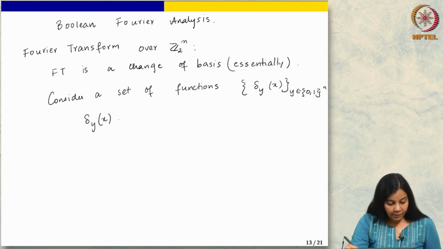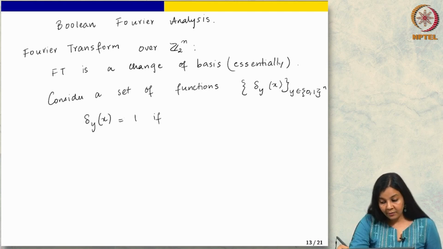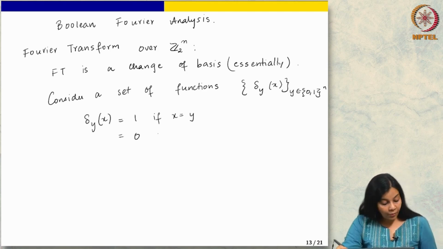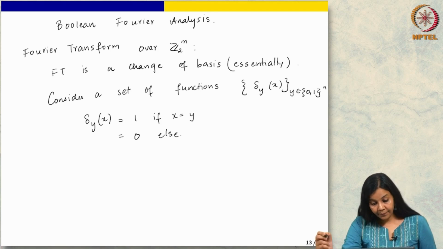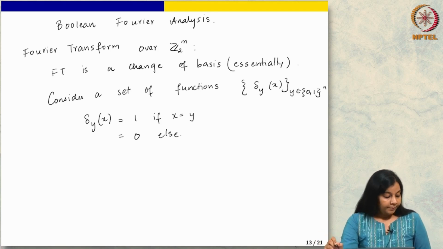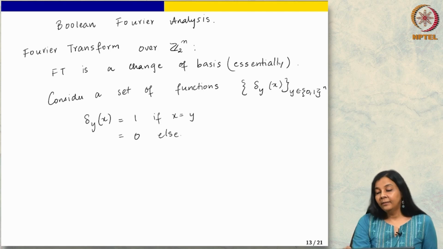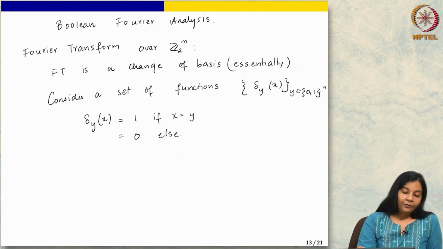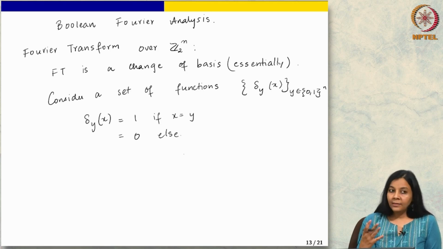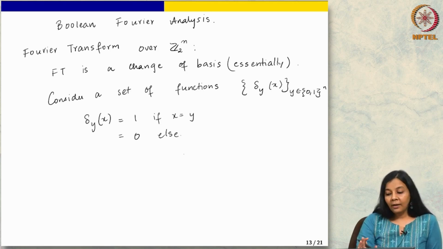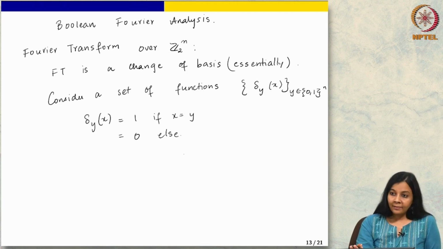So this is a function which is 1 if x is equal to y and 0 everywhere else. So if I define this set of functions, then I claim that for any general function, this set of functions serves as a basis.